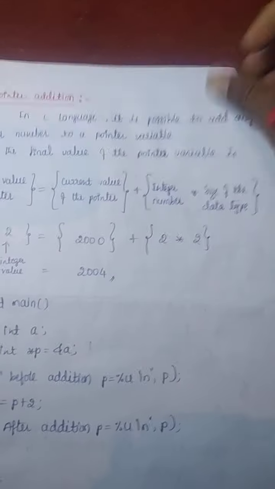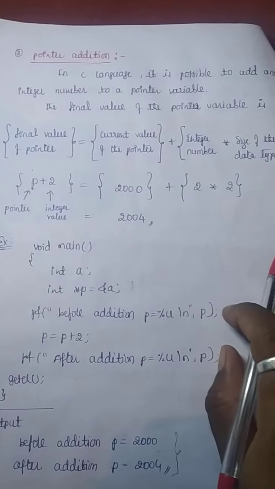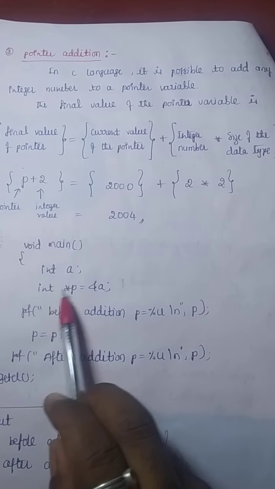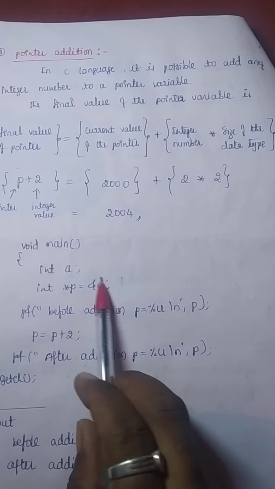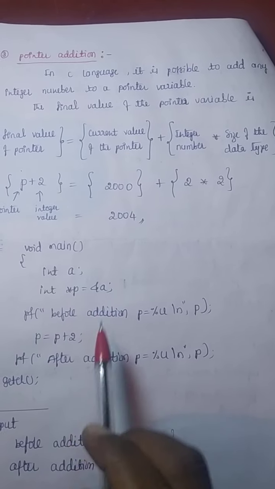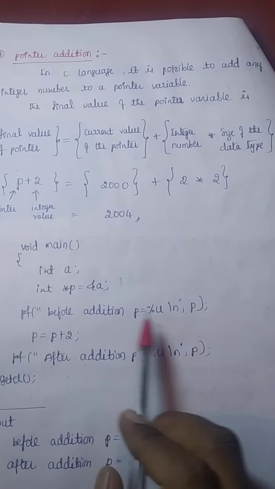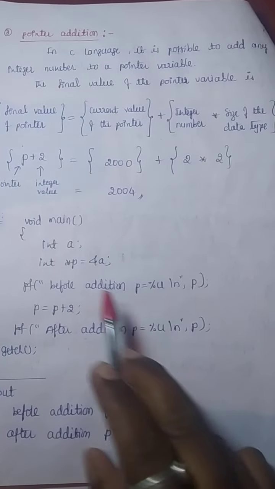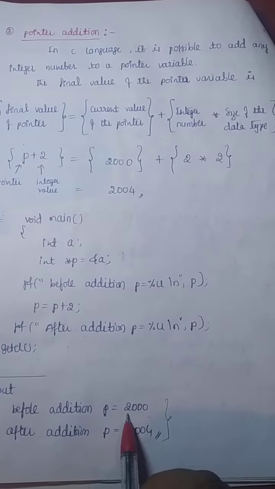So next we have pointer addition. What is this pointer addition? See, int a, int *p = &a. It means the address of a is assigned to p. Before addition you are going to print the p value. Consider the starting address is 2000, you are going to get that output.